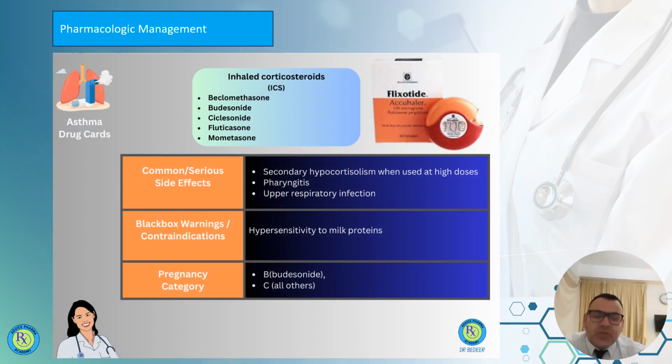The inhaled corticosteroids, which are preventers, need to be used regularly to control the symptoms, prevent attacks, and decrease the eosinophil count, leukotrienes, and also the cytokines, so they have a beneficial effect for controlling asthma in the long term. So they should be used regularly.